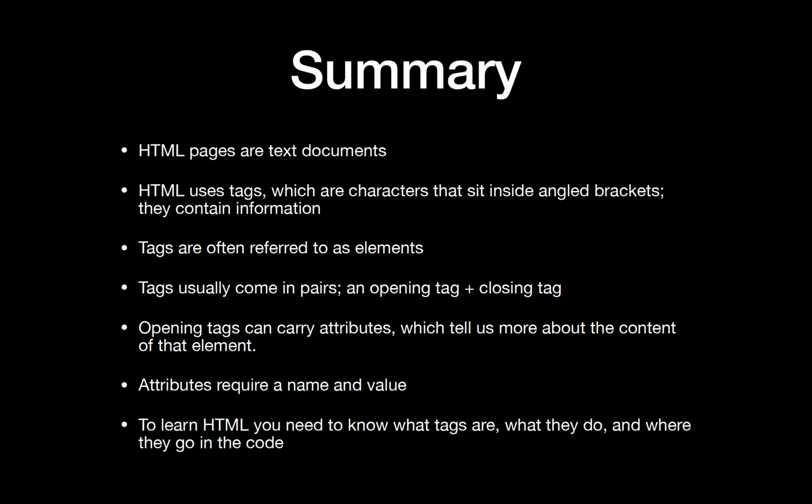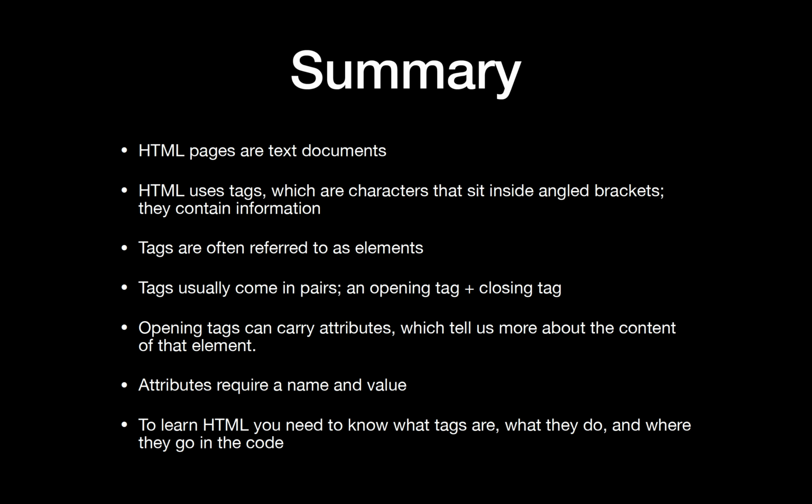All right, so just a summary of what we've talked about in this first little part. HTML pages are just text documents. HTML uses tags, which are characters that sit inside angled brackets, and they contain information. Tags are often referred to as elements, and tags usually come in pairs, an opening tag and a closing tag.